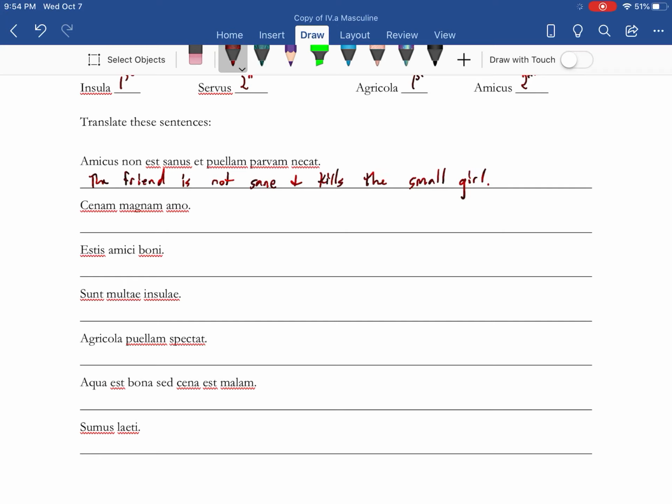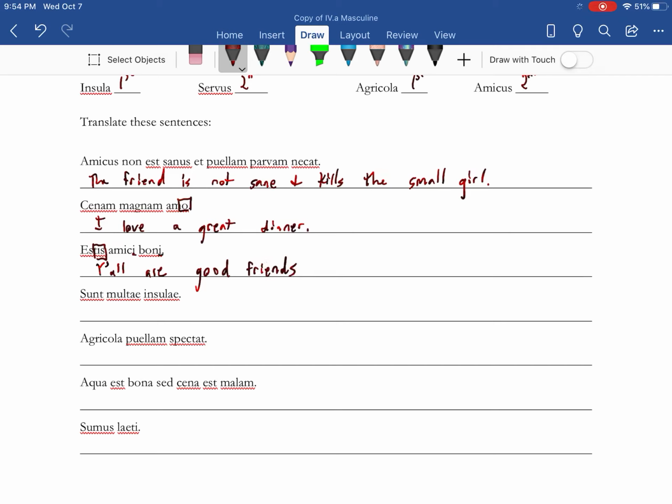All right, amo. Looking at a verb, that's I love a great dinner. Amici sunt boni. Now, if you look on the chart that we filled up at the top of the sheet, you're going to notice those I's are plural, nominative plural.